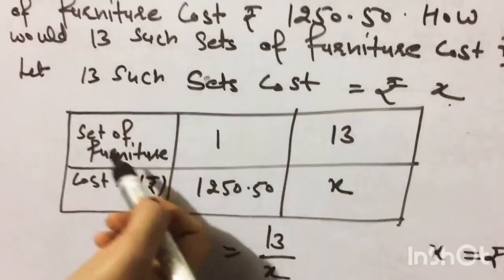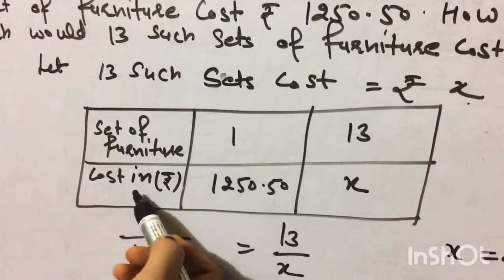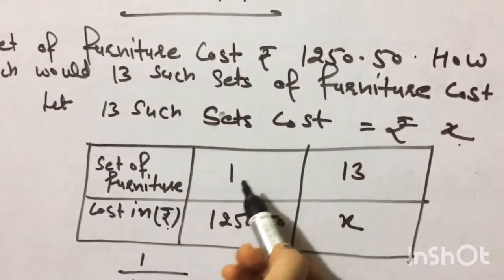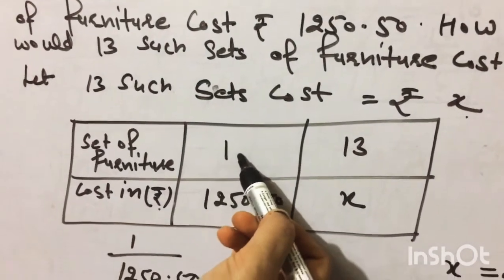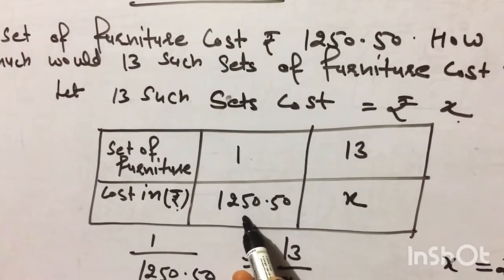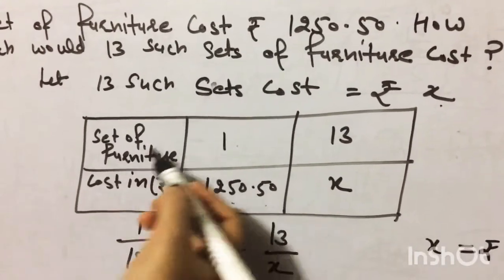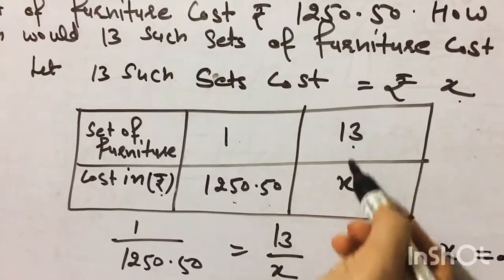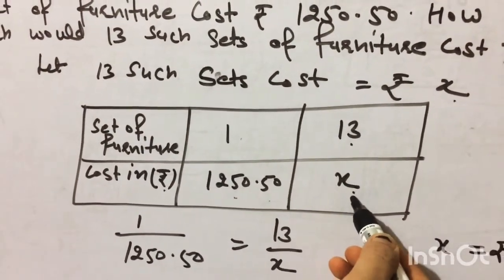Set of furniture and cost in rupees are given. The quantity is 1 set and the cost of one set of furniture is 1250.50, and we have to find the cost of 13 sets. Let it be X.